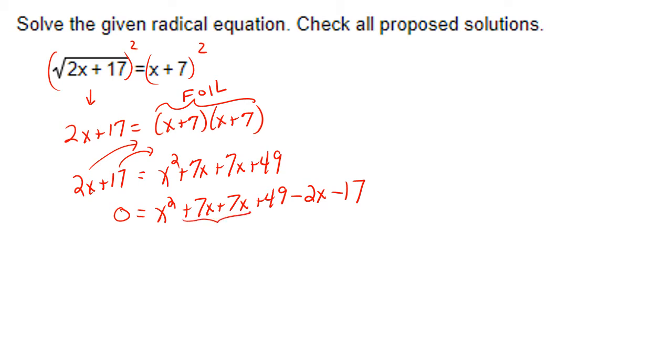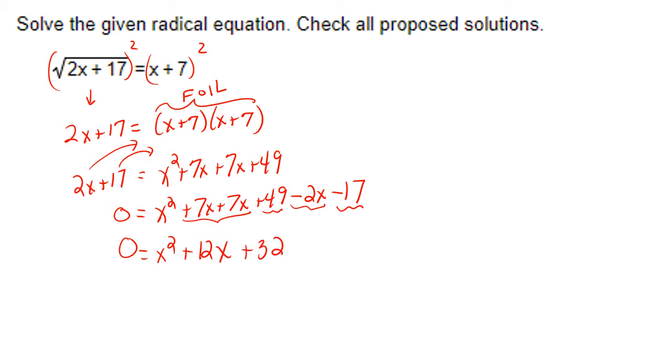The 7x and 7x along with the negative 2x. When I combine those like terms, that's 14 minus 2, which is 12x. Then I also have the 49 minus the 17. When I combine those two numbers, I will have 32.